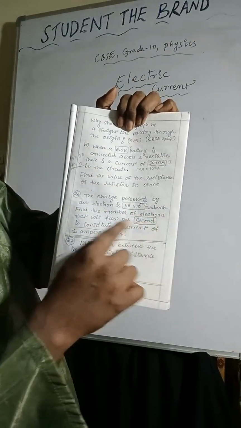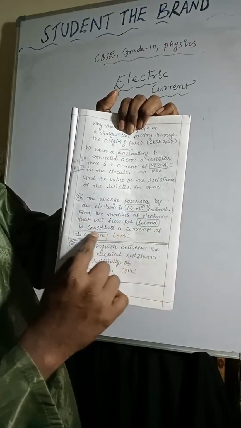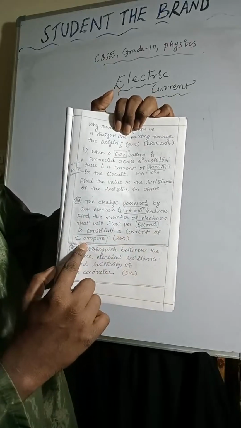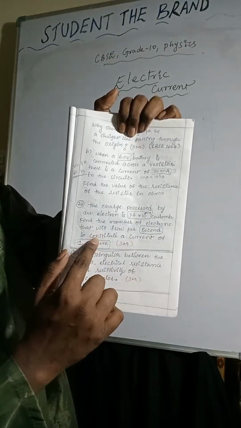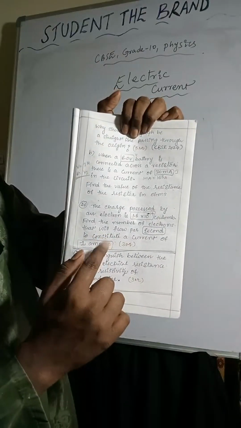Find the number of electrons that will flow per second to constitute a current of 1 ampere. I already explained this question. So these questions they will ask.